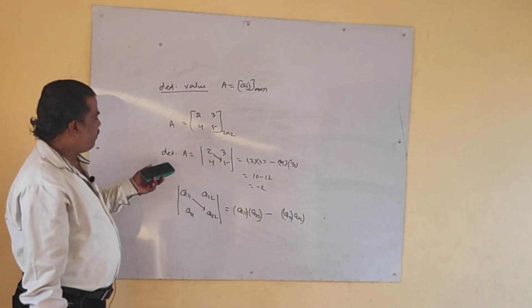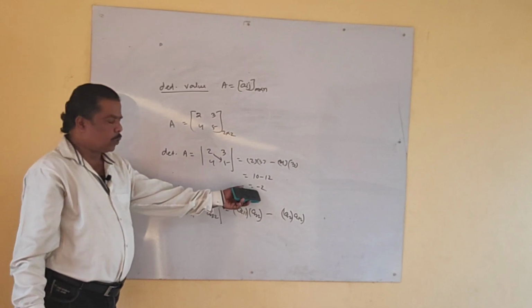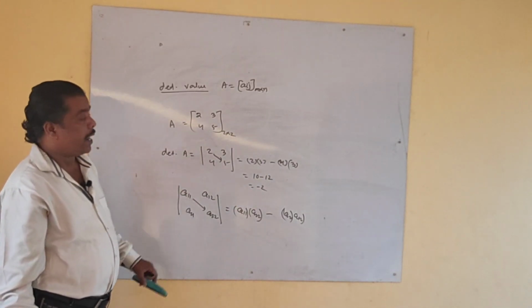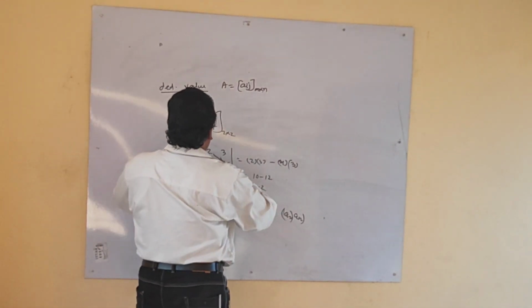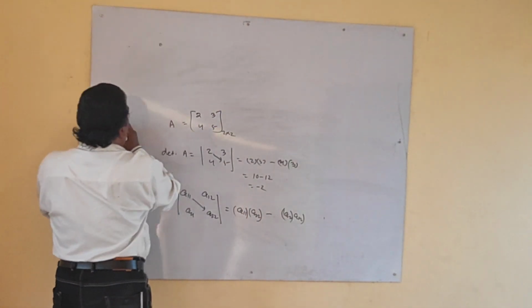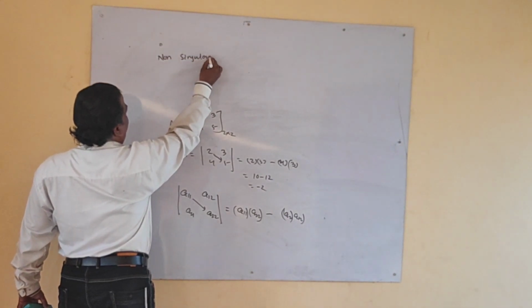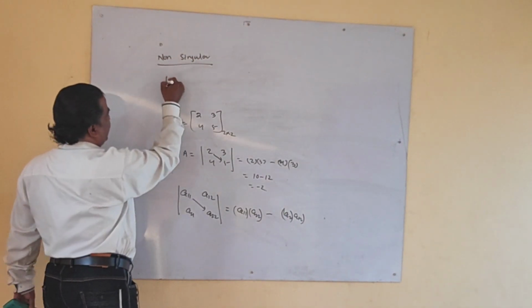If the determinant value of a matrix is not equal to 0, we say that it is a non-singular matrix.